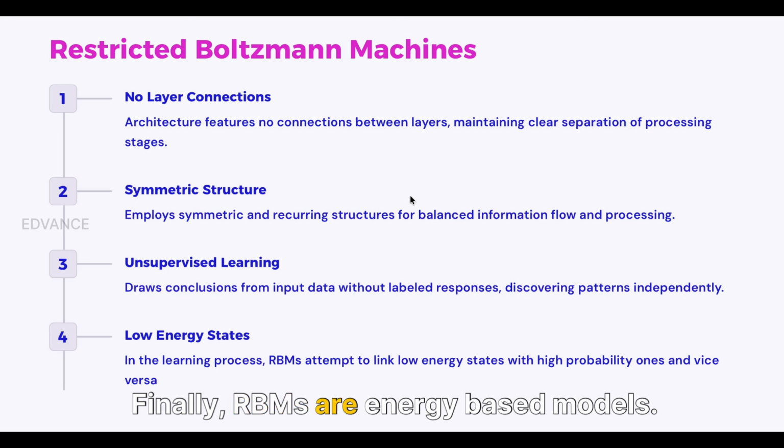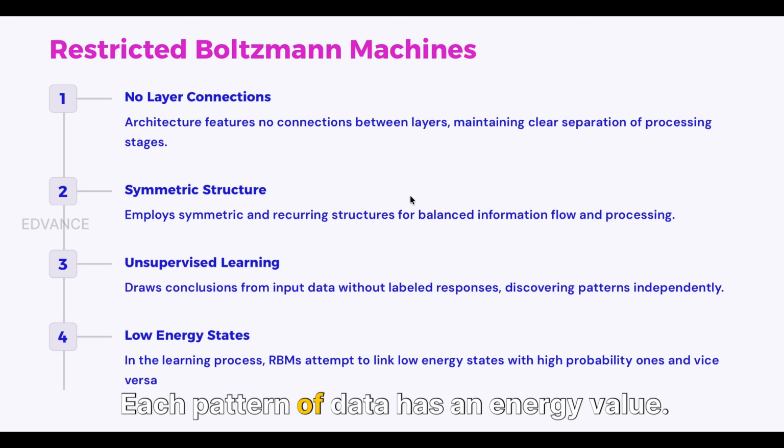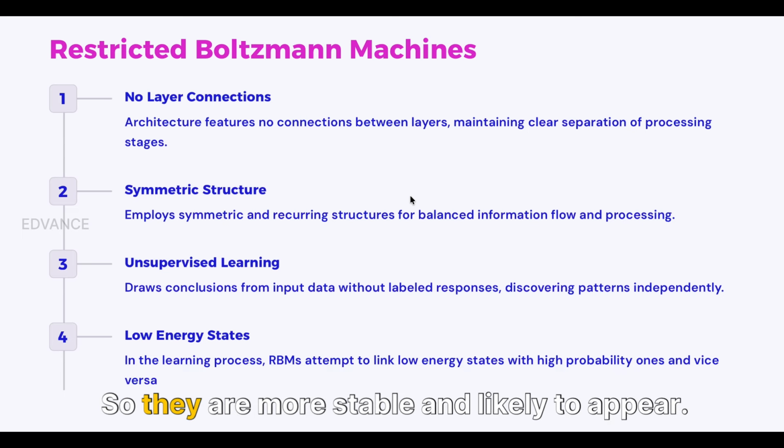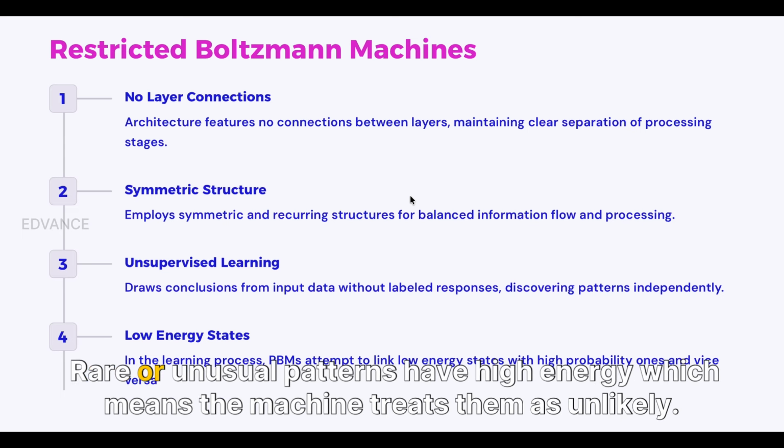Finally, RBMs are energy based models. Each pattern of data has an energy value. Common patterns, the ones that make sense, are given low energy, so they are more stable and likely to appear. Rare or unusual patterns have high energy, which means the machine treats them as unlikely.